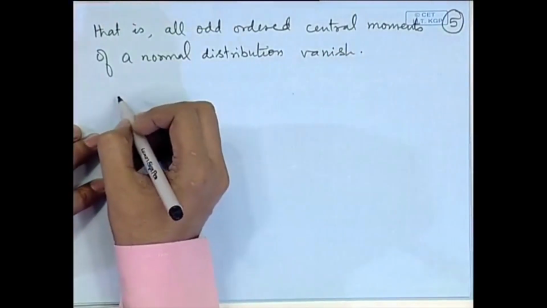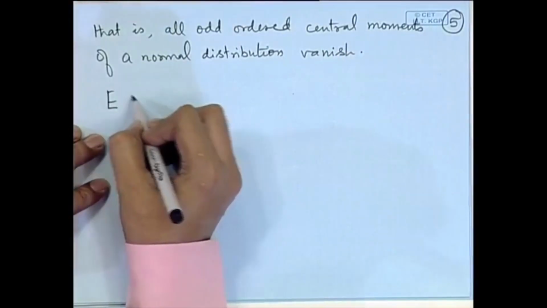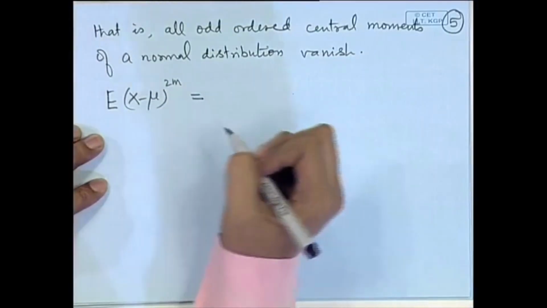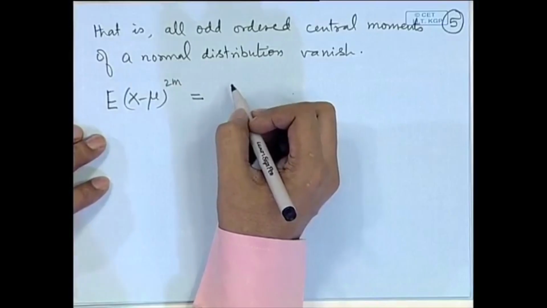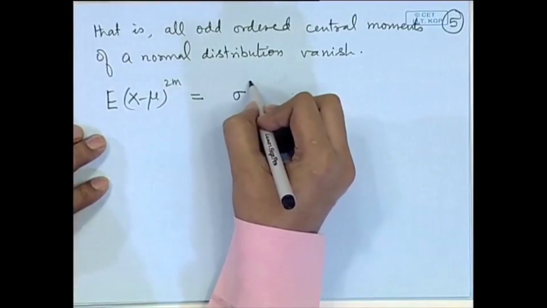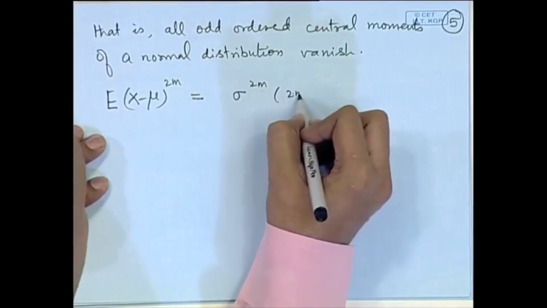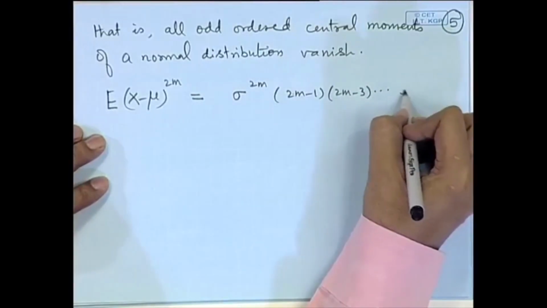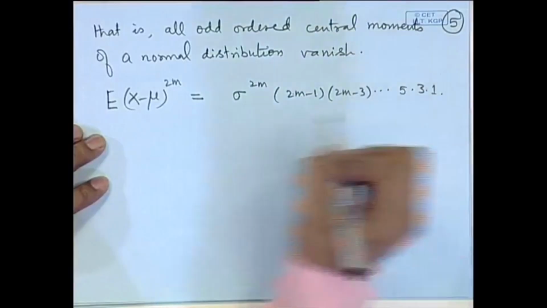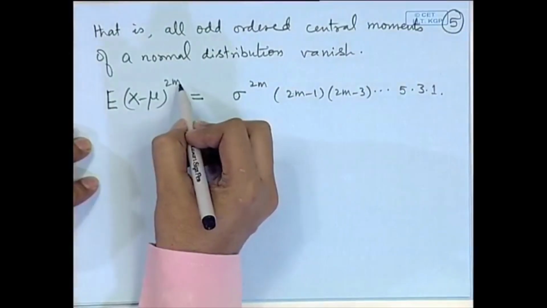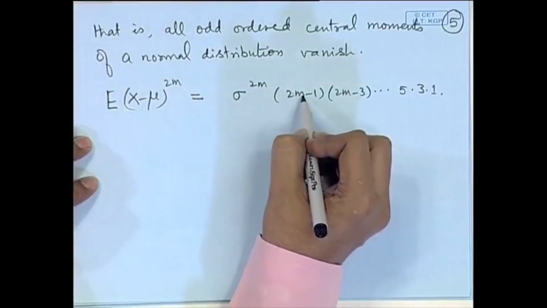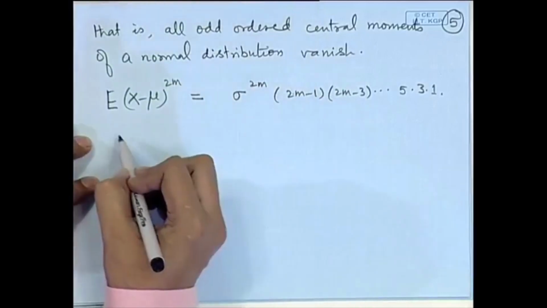Now, let us consider even order. If we consider even order, we are getting the formula sigma to the power 2m into (2m minus 1)(2m minus 3) up to 5, 3, 1. In particular, suppose I put m equal to 1 here, 2m minus 1 is 1. So, that is sigma square.